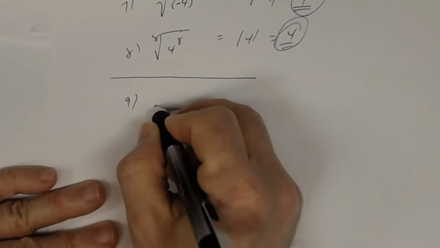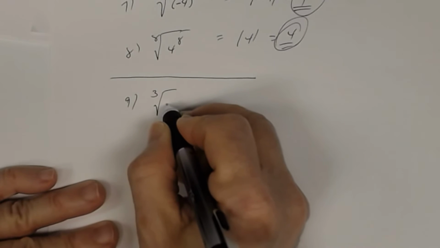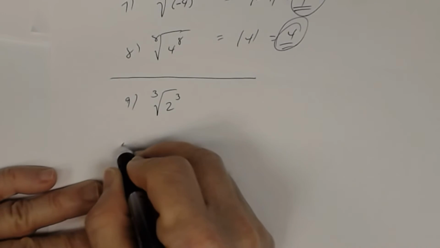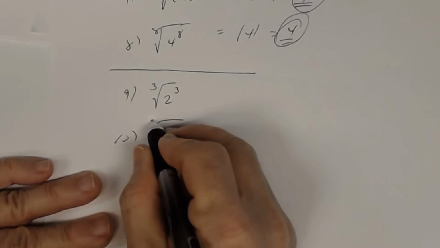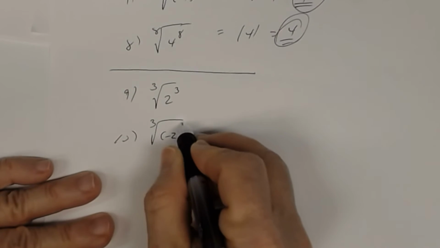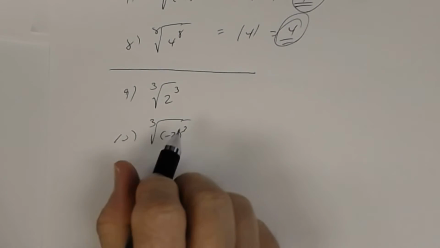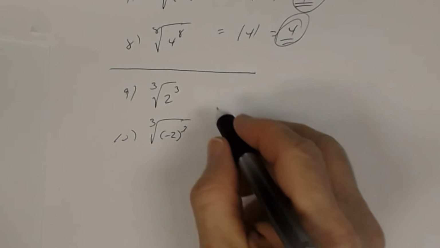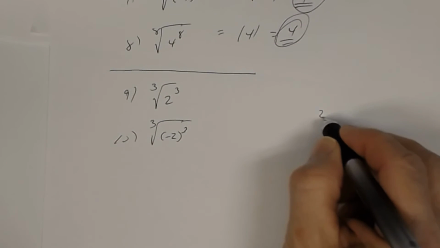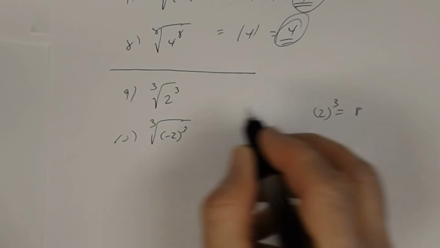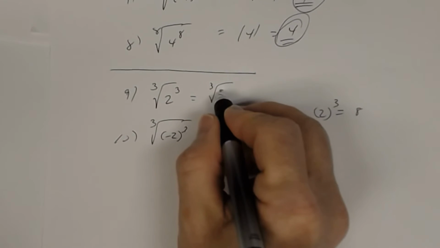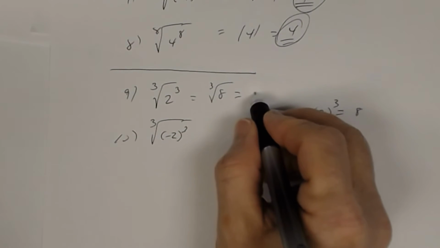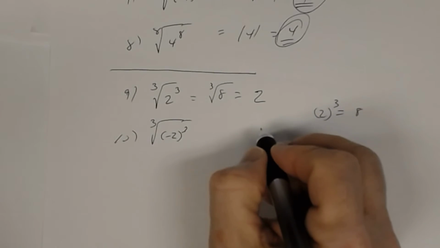Suppose I had the cube root of 2 cubed, and then number 10, the cube root of negative 2 cubed. So 2 cubed is 8, right? So 2 cubed is 8. Y'all agree? And so I get the cube root of 8, which we know is 2.